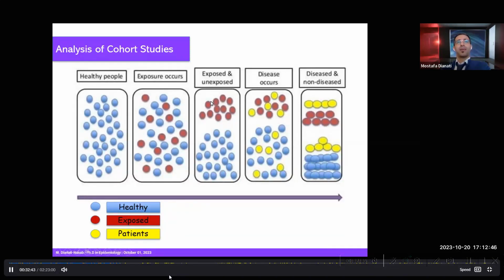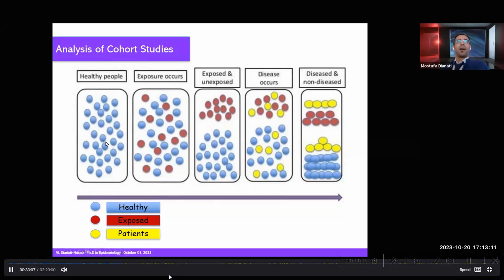So we are classifying individuals into exposed and non-exposed. And then over the years, we are looking at whether the people exposed to smoking are sick or not.